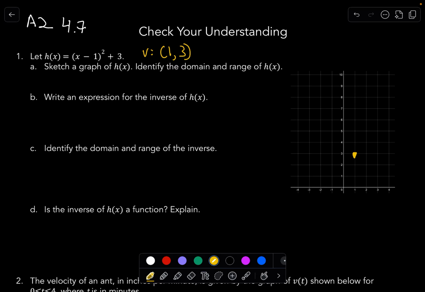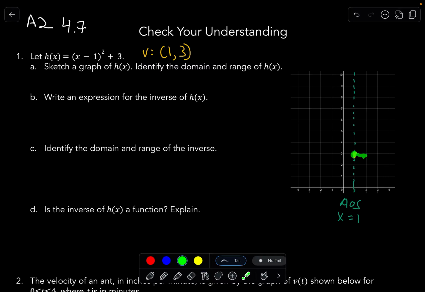There's the vertex. Now, this is all from our last unit, drop a vertical line down through the vertex. That's our axis of symmetry, AOS, and that is going to be x equals 1. Now, as a refresher, from the vertex we go 1 to the right.